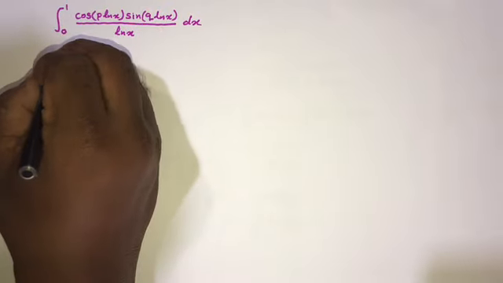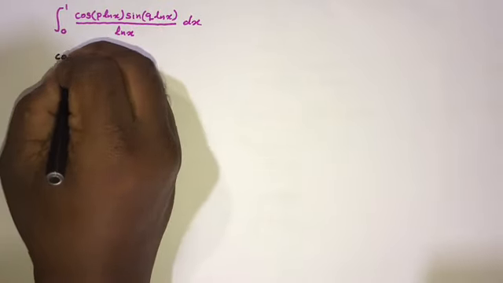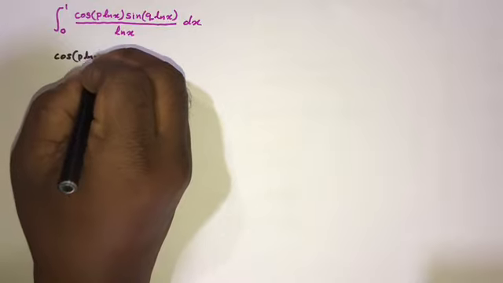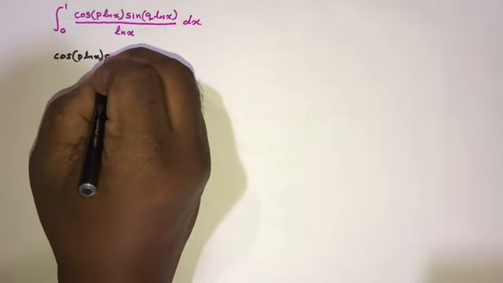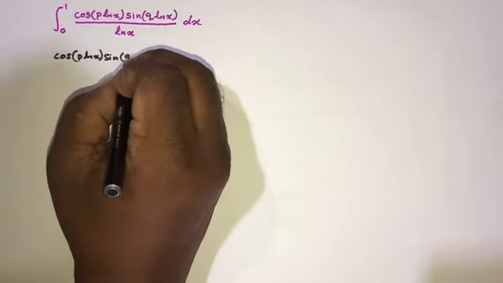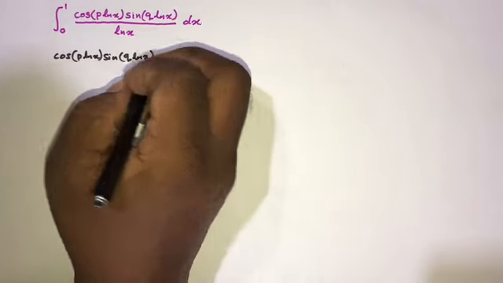So here we have cosine of p times natural log of x times sine of q times natural log of x.